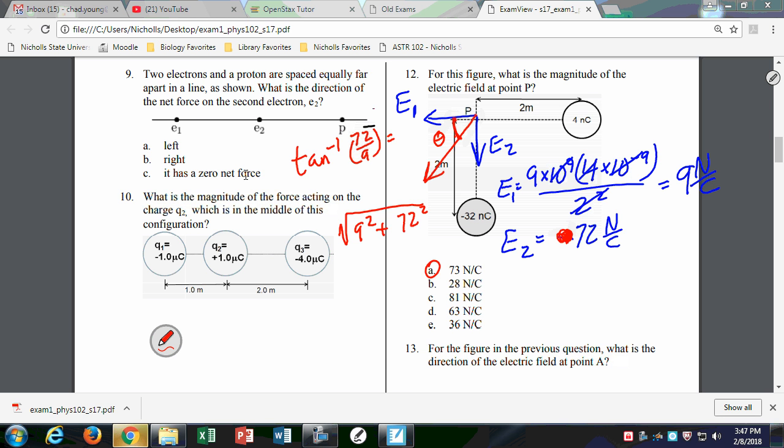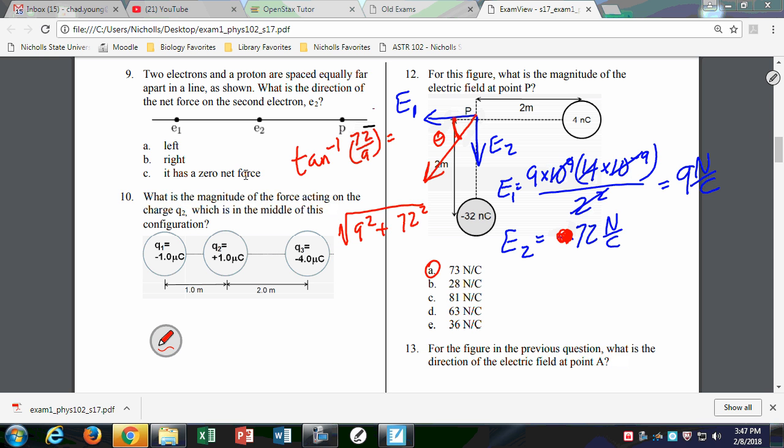If it was asking for electric force, it wouldn't be asking for the electric force at point P, because that doesn't make any sense. There is no electric force at point P. What if I said, what is the force on a charge at this point? When you know the electric field, watch this. Let's put a 2 coulomb charge there.